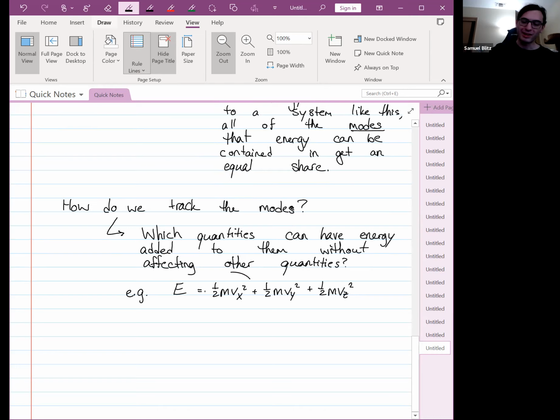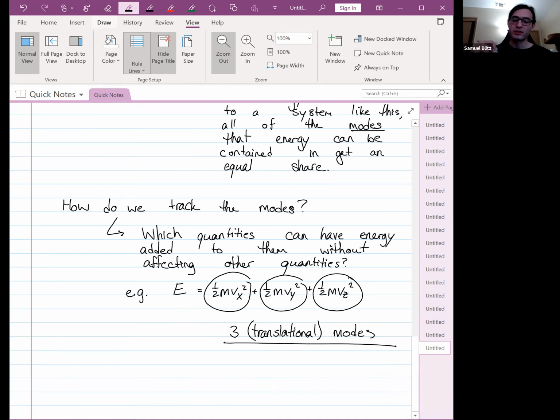Importantly, you can increase the speed in one direction without changing the speeds in the other directions. And so here, there are 3 modes. In this case, we might call them translational, because they refer to modes associated with translational kinetic energy.